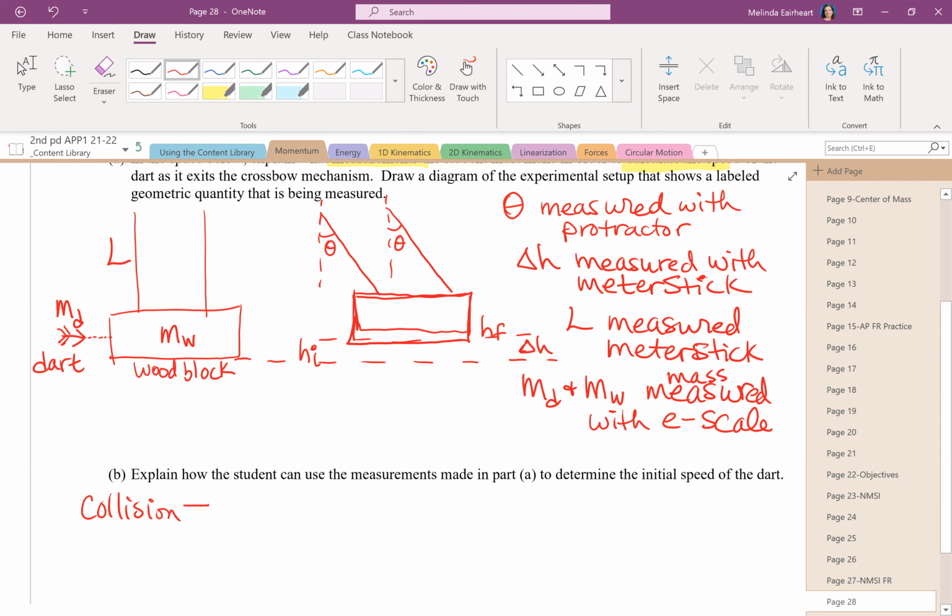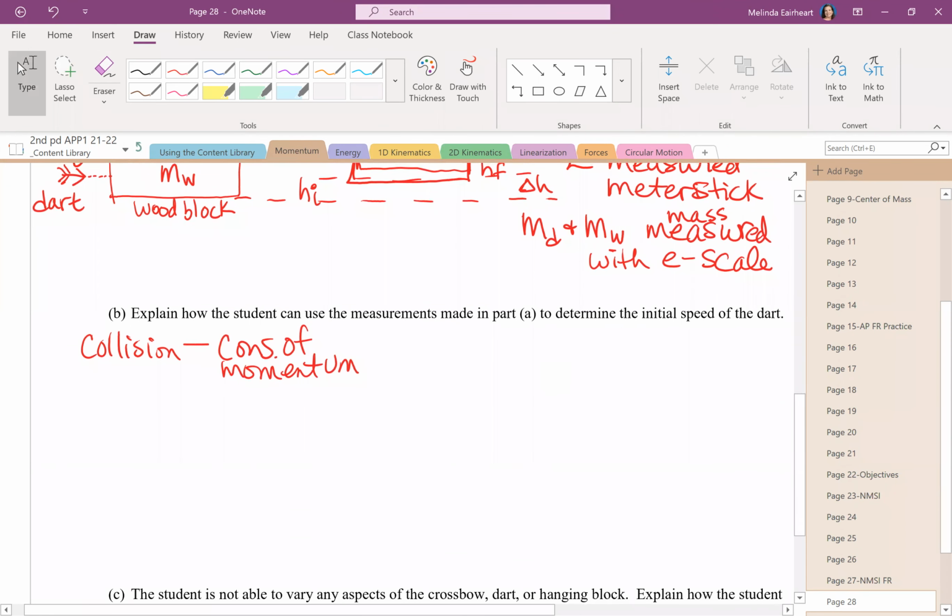You could do impulse, Newton's third law. And if you know both masses and you're going to calculate the speed, really this is easier if you do conservation of momentum. In my opinion, collisions, plan A, conservation of momentum. But we don't have an angled collision.